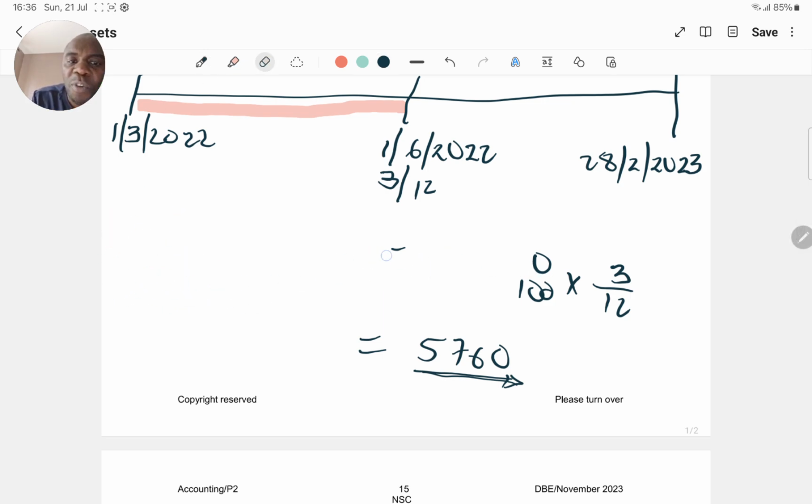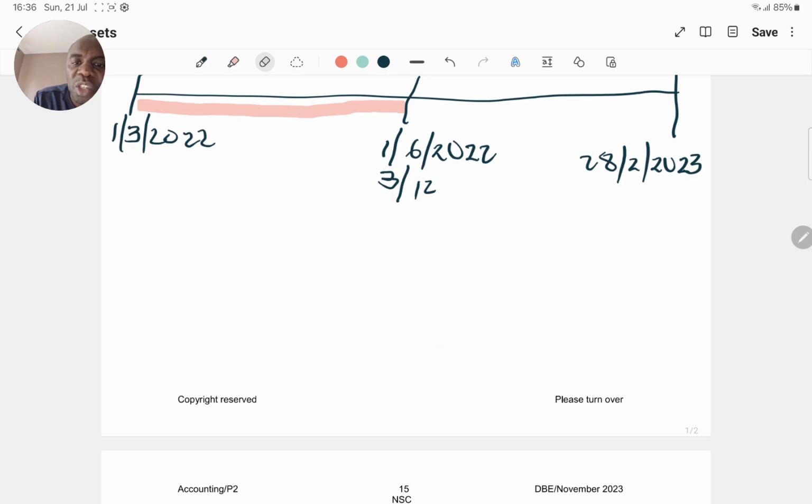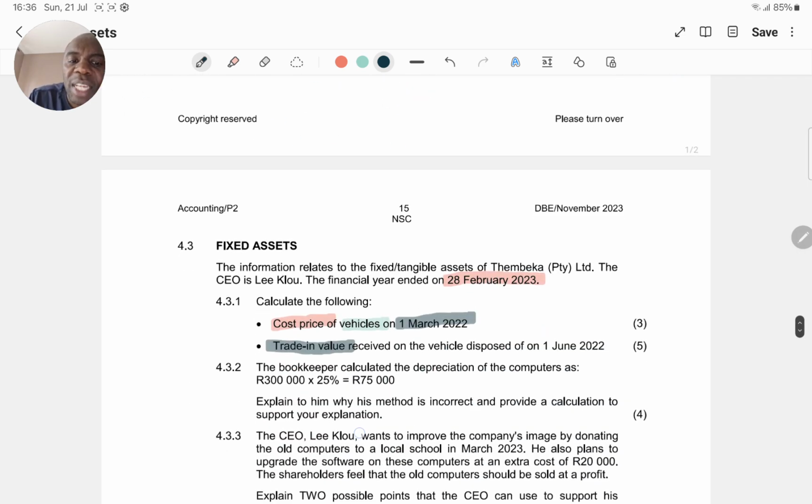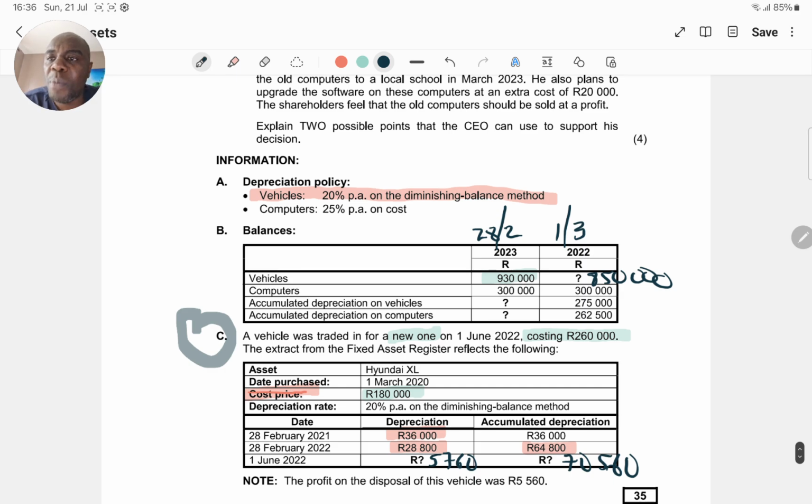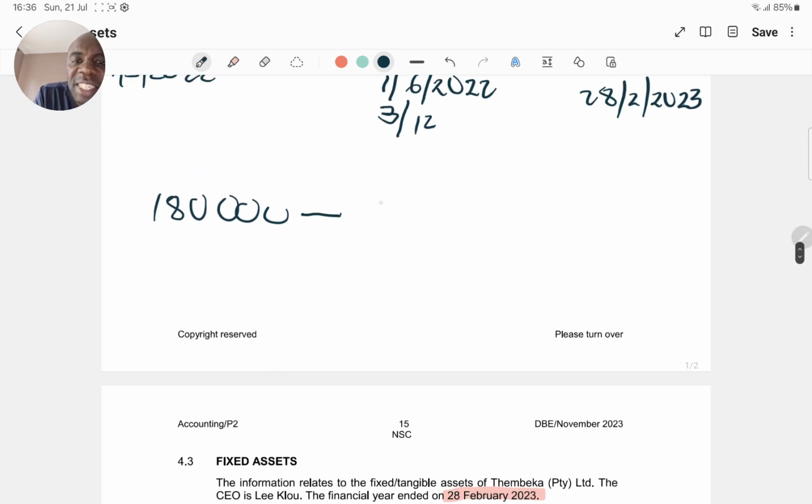Then we're going to say less what? How much value did it lose from the day it was purchased, that is 1st of March 2020, up to the day that it was disposed, that is the 1st of June 2022. It had lost a total value of 70,560.